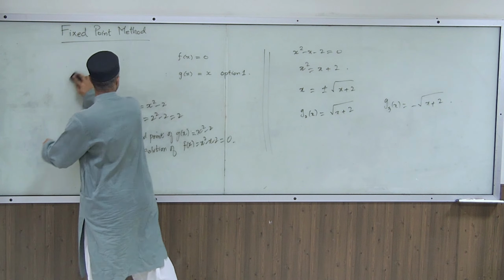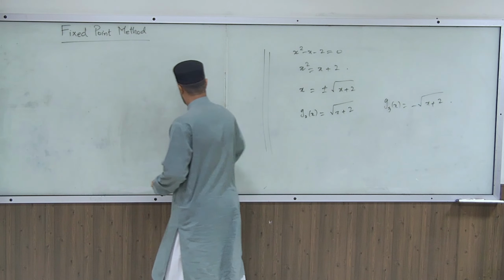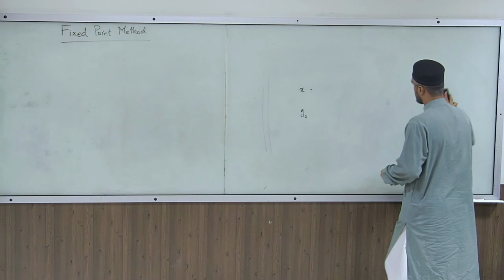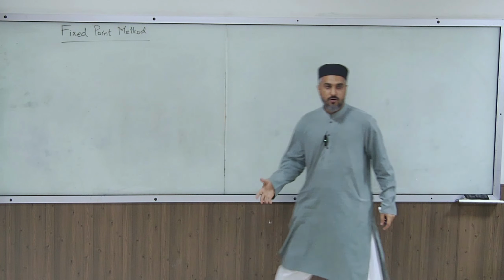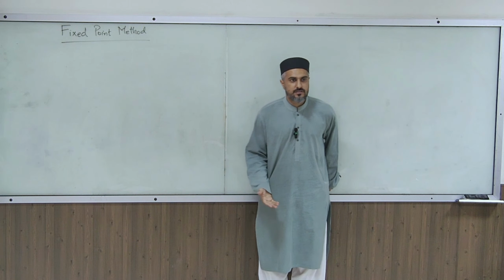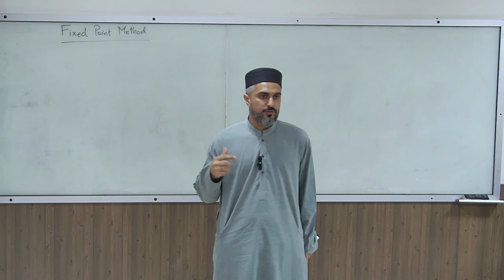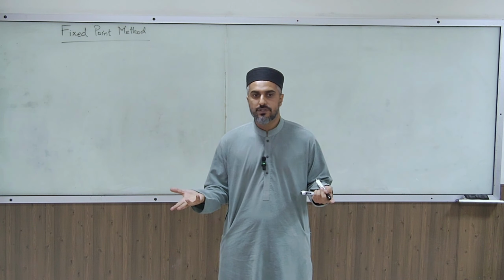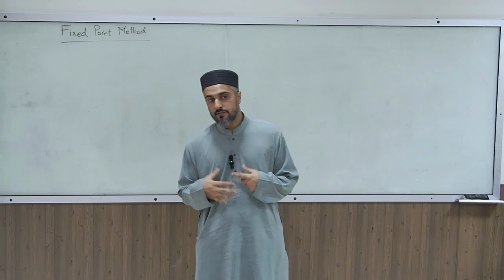Now let's try to understand one thing, which is the working of the fixed point method, how it works. Then I'll come to the problem that we just raised, that we can have a number of options for the representation of g of x.